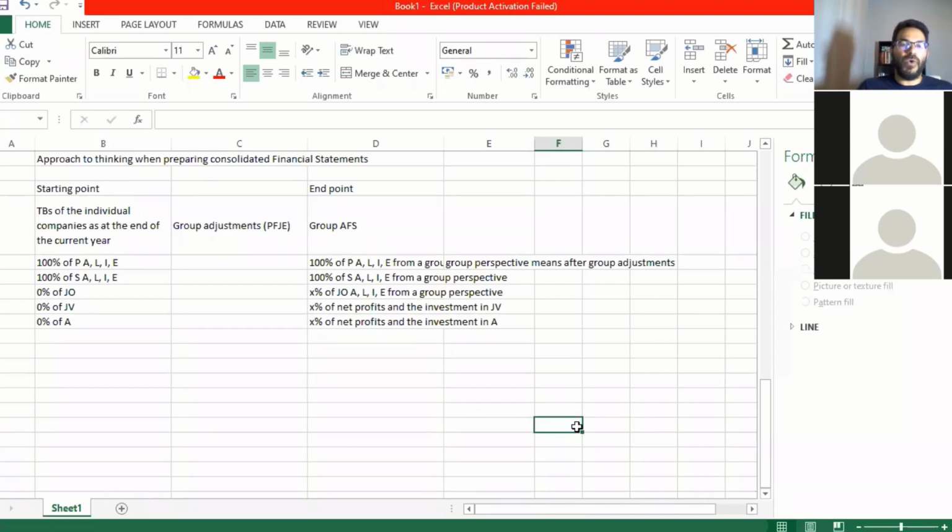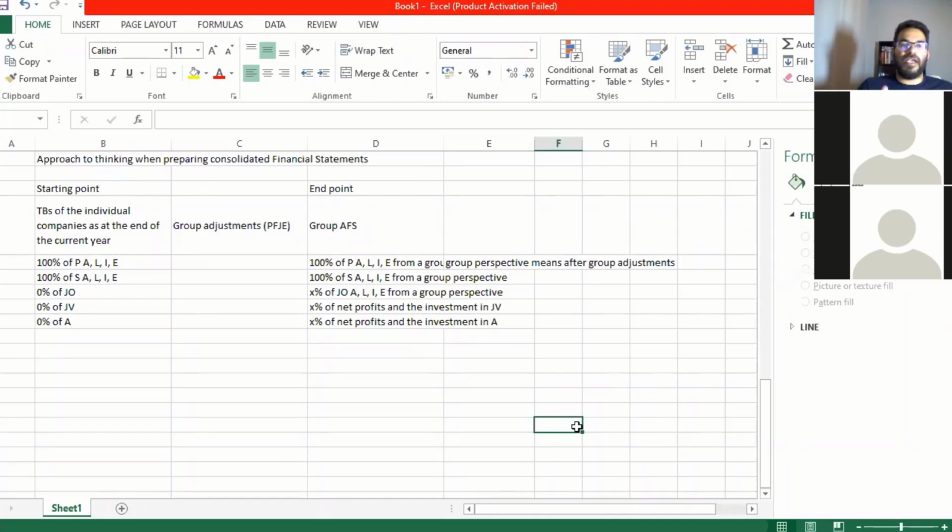But what you should know is that these journal entries to account for group adjustments do not change the separate financial statements. They only adjust the separate financial statements to get to a group perspective. To think of it on a smaller scale, your starting point in Excel will be the separate trial balances of the parent and the subsidiary.